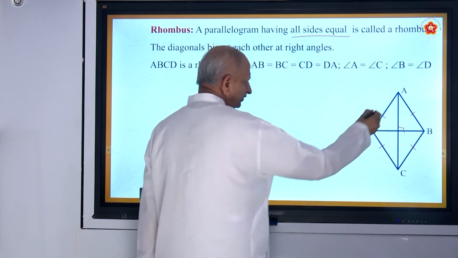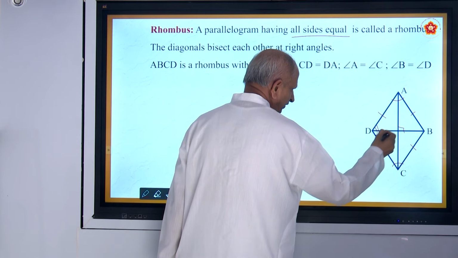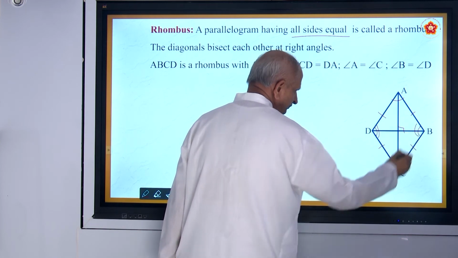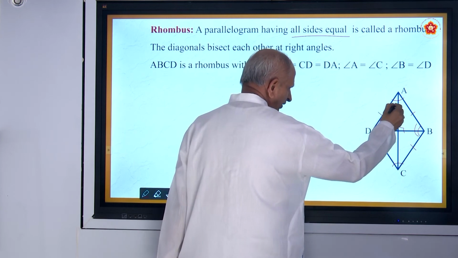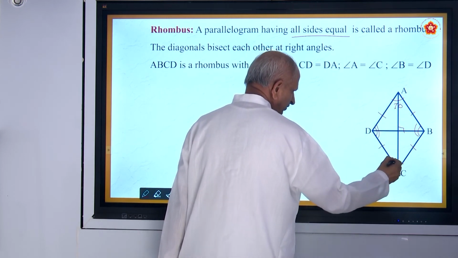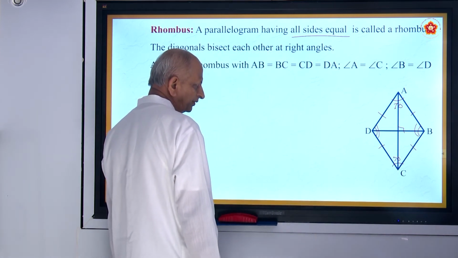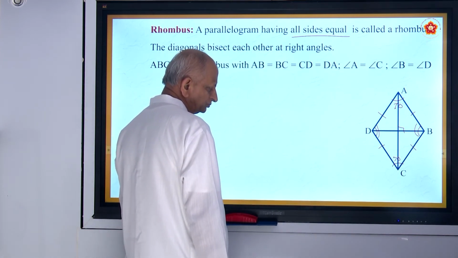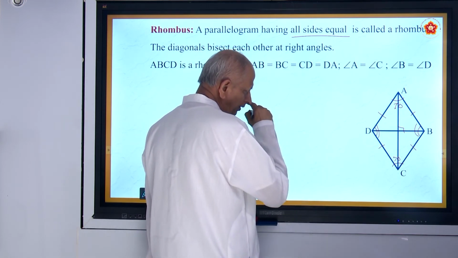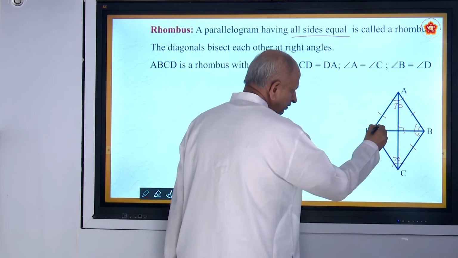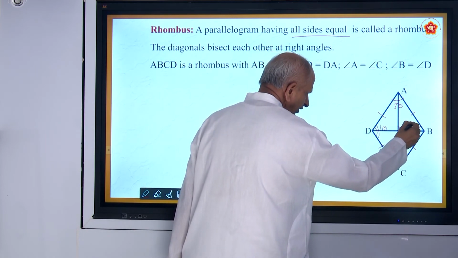And one more thing is A is equal to C and B is equal to D. One means what? Suppose this is 70 degrees, this also becomes 70 degrees. Okay, that is the meaning. And then this becomes 110 degrees, this also 110 degrees.